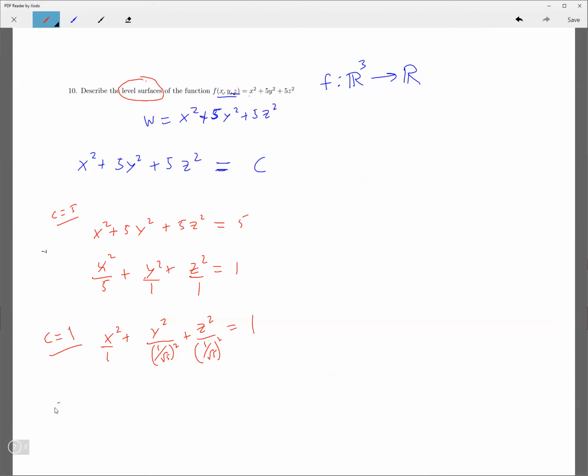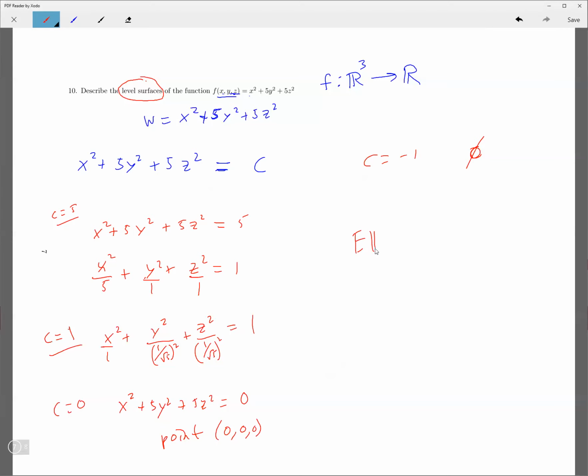Okay. And then if you were to choose C equal to 0, you would get this, and that would just be the point. That's the only thing that satisfies it. And if you choose C equal to -1, that would be the empty set, so nothing would happen there, because you can't have them adding up to a negative number.